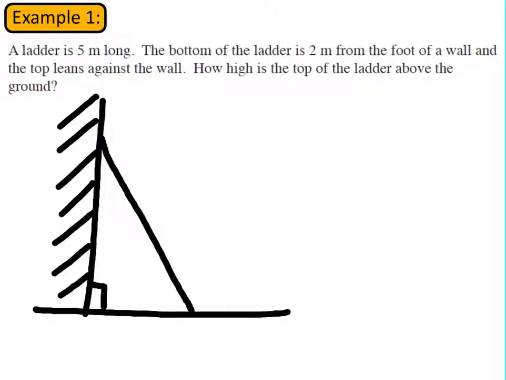We know the ladder is 5 meters long, so that is 5 there. We know that the ladder is 2 meters from the foot of the wall, so we've got 2 meters there, and this is enough information to find out how high the top of the ladder is from the ground. We can use Pythagoras' theorem again. We've got the hypotenuse, so this is a subtraction.